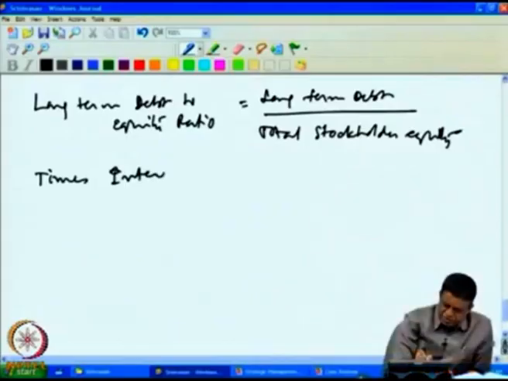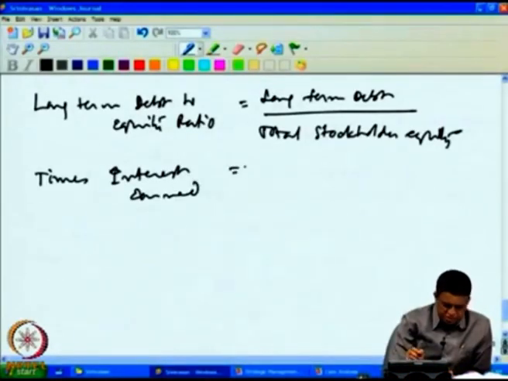The other one is what is called the times interest earned. What does this mean?